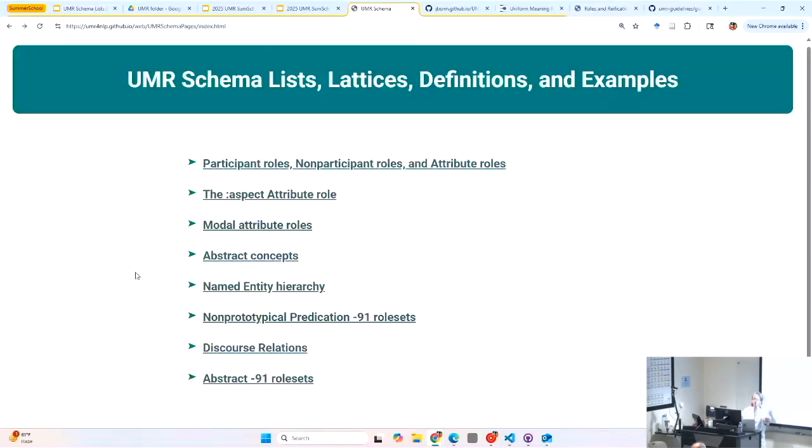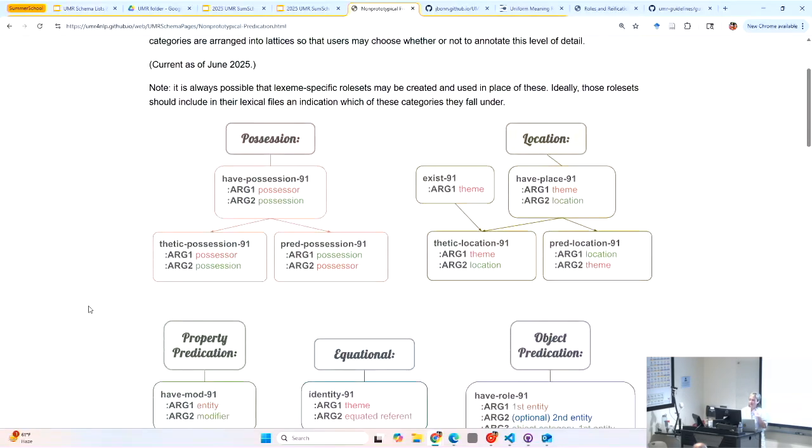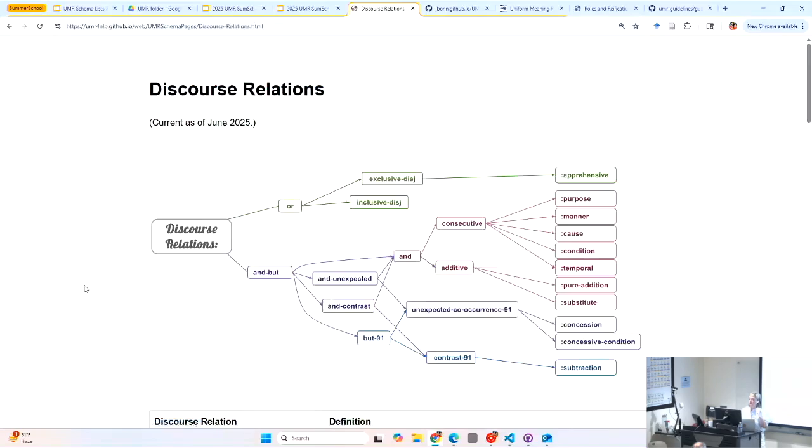If you want to peruse it this evening when we're in the rain at the barbecue, nobody will do that. There's also non-prototypical predication, which we haven't talked about yet. So this is like copula, juxtaposition. We'll spend a little time on that tomorrow. And then discourse relations. So those are the things that we haven't covered yet.